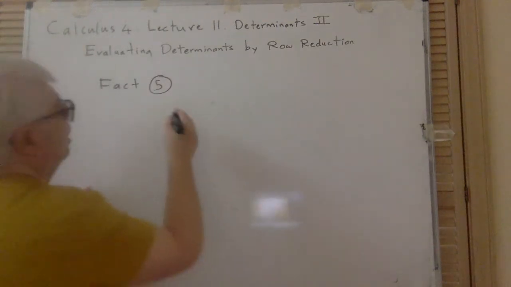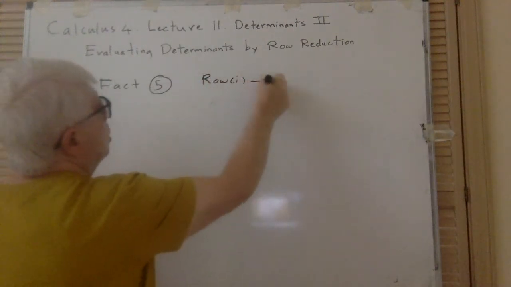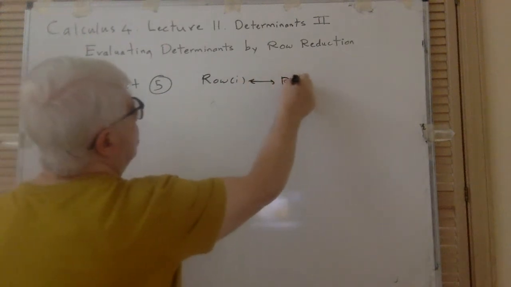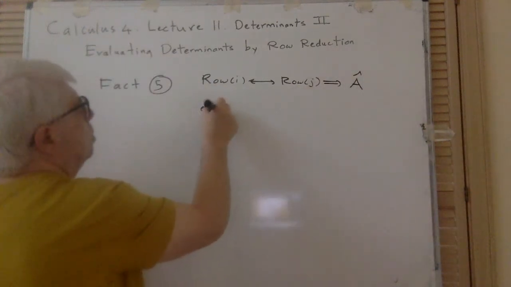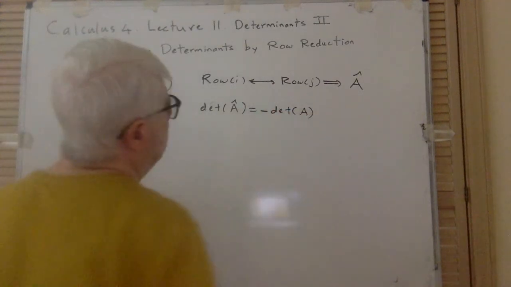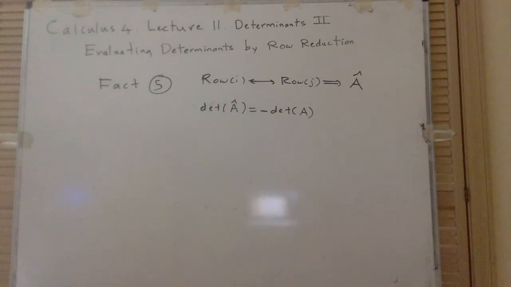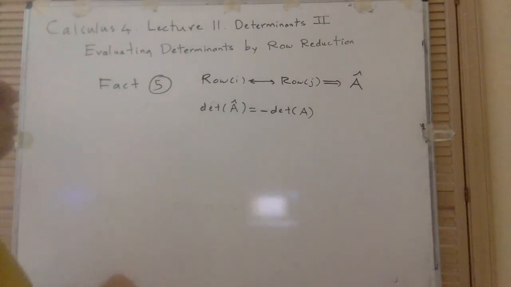If I interchange two rows and I get matrix A hat, then the determinant of A hat is minus the determinant of A. So one interchange changes the determinant. You can guess because in that expansion which I explained, there is a flip happening, and that flip changes the sign of each one of them. So it's like multiplying all of them by -1.